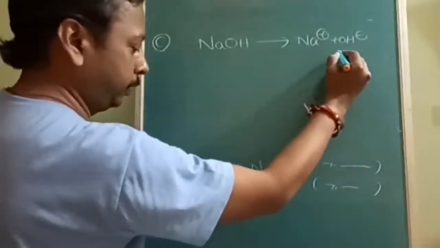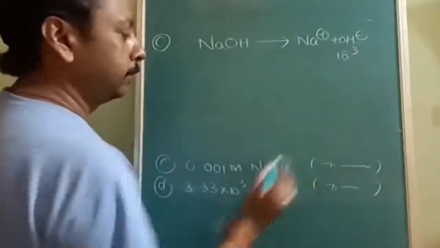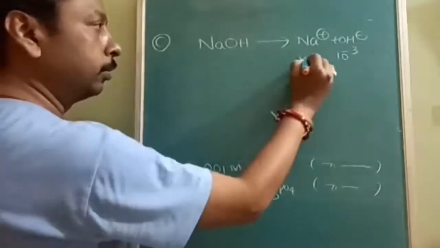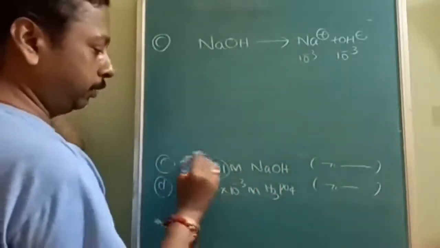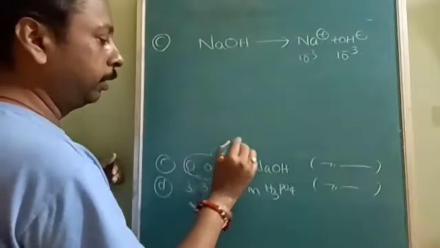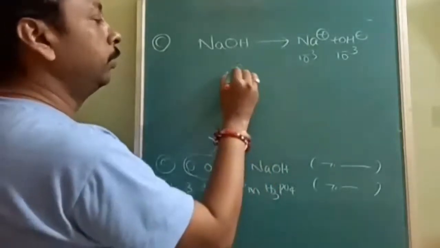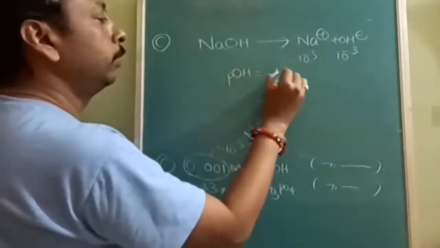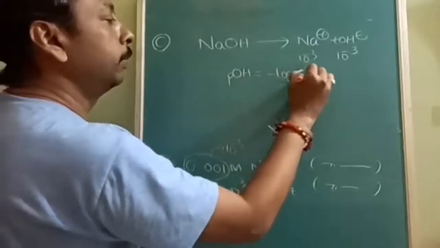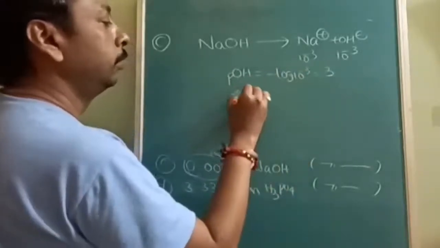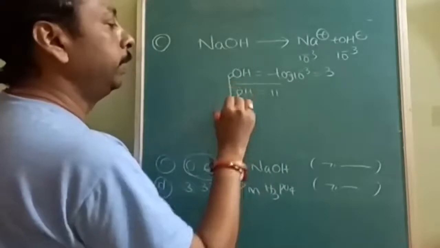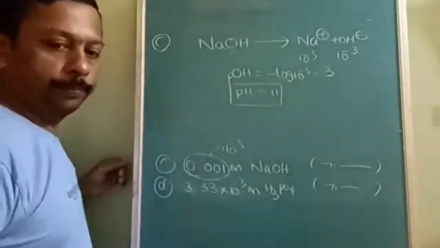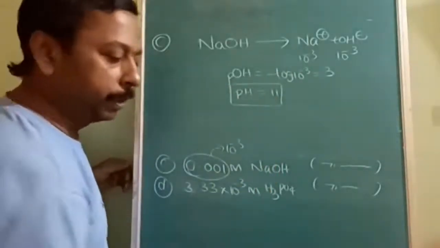After reaction, this is going to be minus 3. So this is also going to be minus 3, because this can be written as 10 to the power of minus 3. So pOH is equal to negative log of 10 to the power of minus 3. So pH is going to be 11. pH is 11. Okay. So is this C part clear?